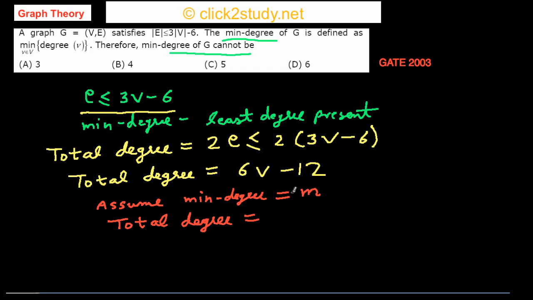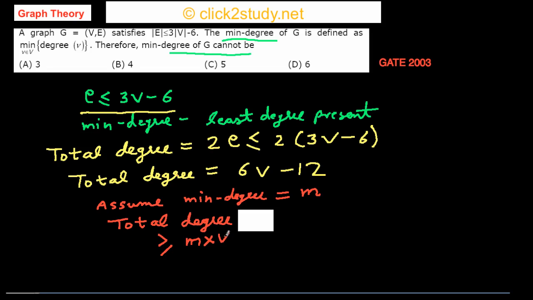So if you add all the degrees, this total degree has to be greater than or equal to M times V. Why?